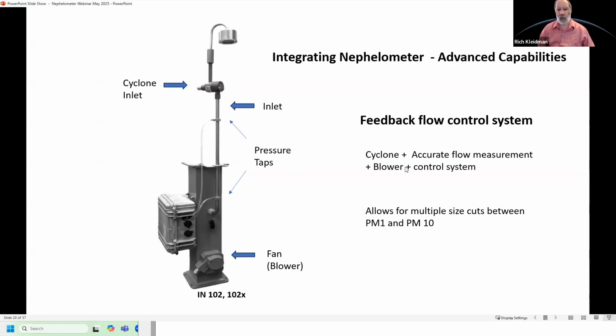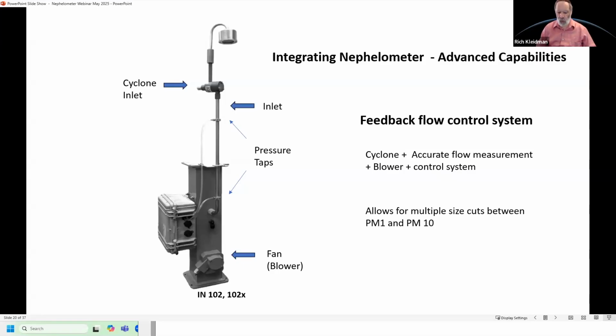What we then do is we have the cyclone, we have our accurate flow measurement, we have this fan or blower that we can control very carefully. And so we call it a feedback flow control system. We can then use this to select multiple size cuts anywhere from PM1 to PM10.